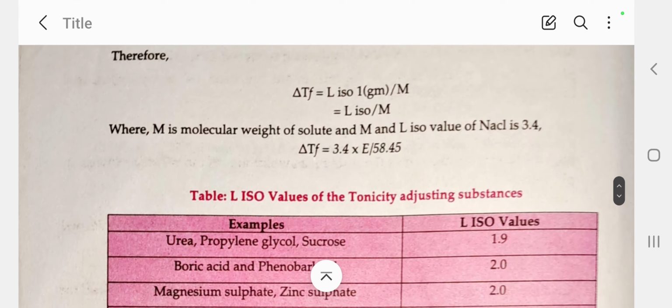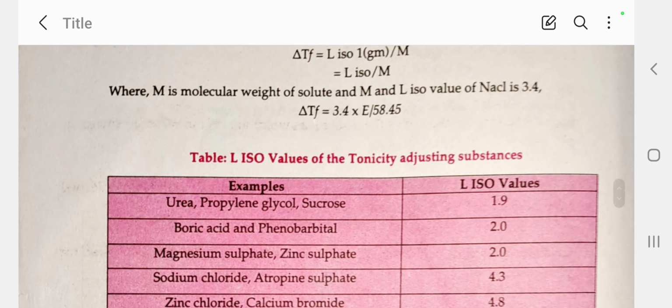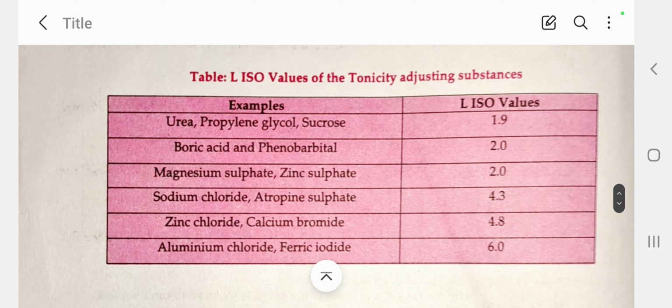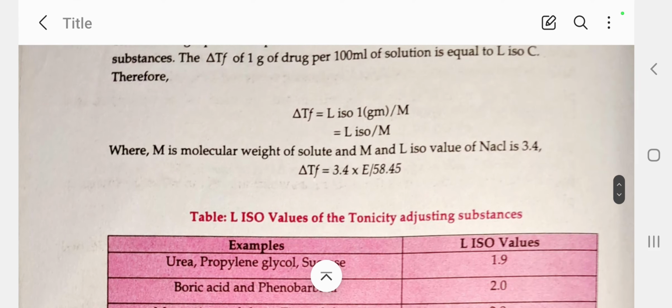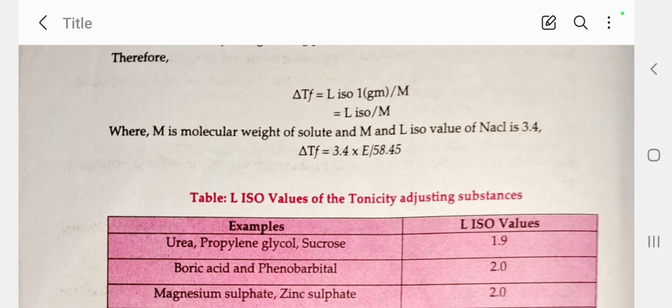Here the final value is delta TF equals 3.4 L-iso, where E is the E value of the medicament. For sodium chloride, the molecular weight is 58.45 and the L-iso value is 3.4. Like that we can try with the others.